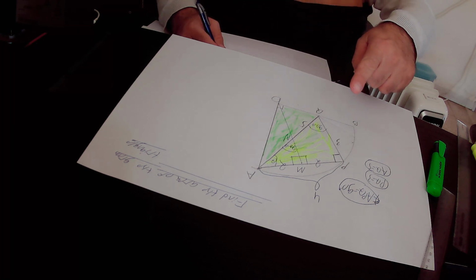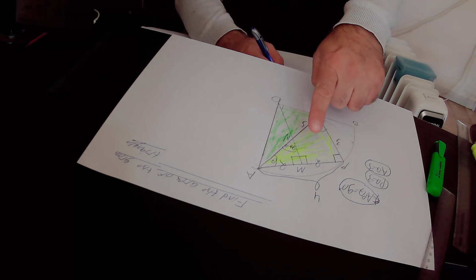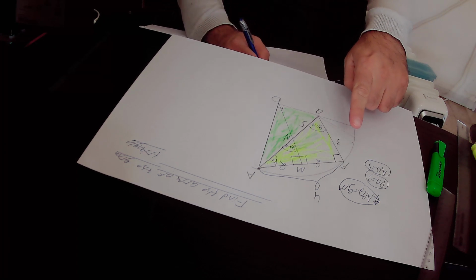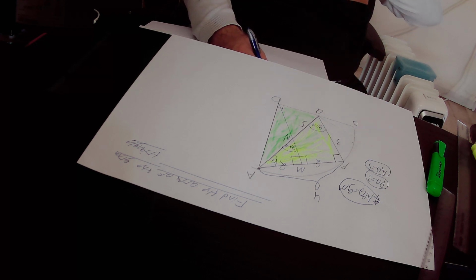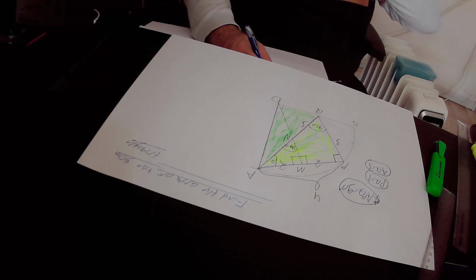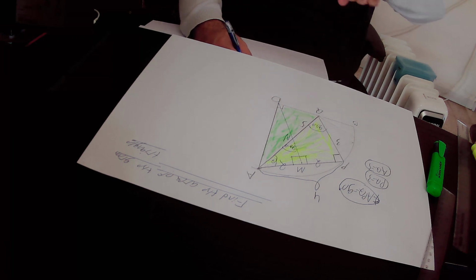side PA in the big triangle over side MA in the small triangle is equal to side PQ in the big triangle over side MN in the small triangle, and it is also equal to side AQ in the big triangle over side AN in the small triangle.